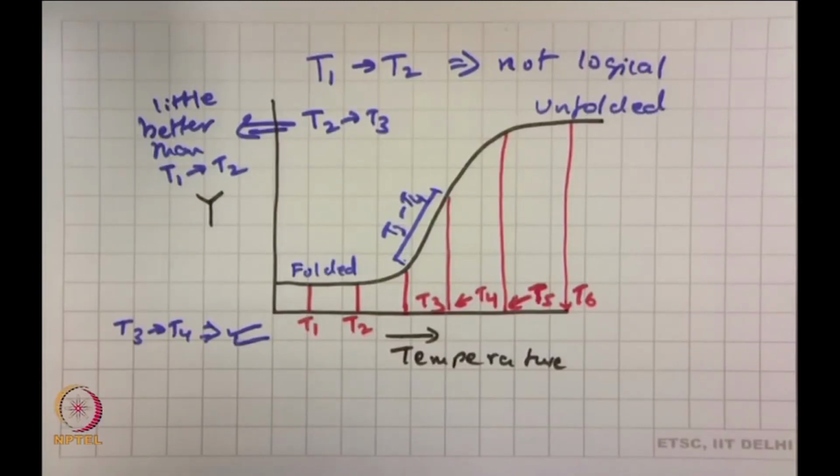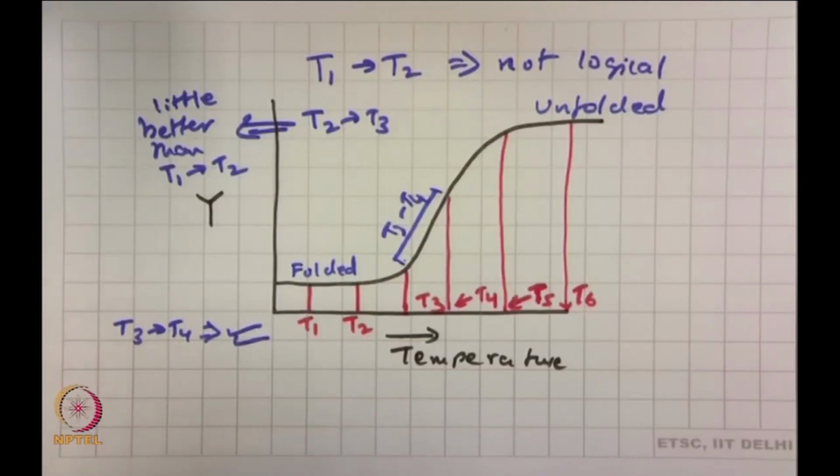Again you would not be getting much. Why? Because now you are in the unfolded region where your concentration of folded state is really low. Clear? So, that is why when people typically do experiments, this is the region they want to target based on this logic that we just discussed.